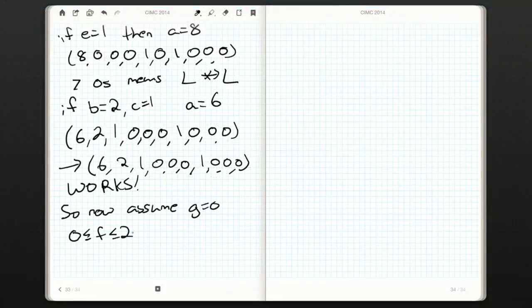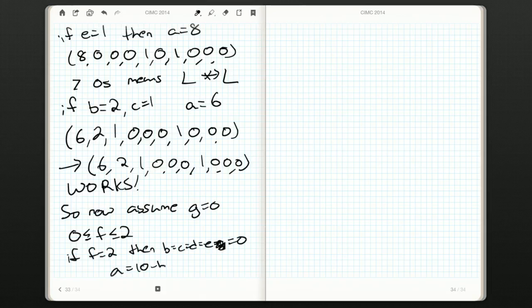So F can be at most 2. We already know G is equal to 0, so we don't need to add them in. So A is going to be 8.